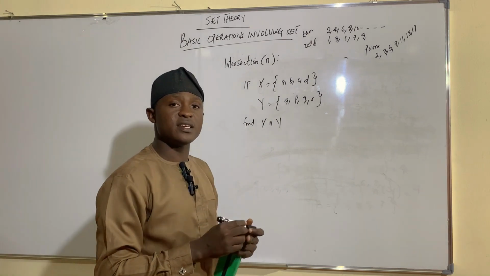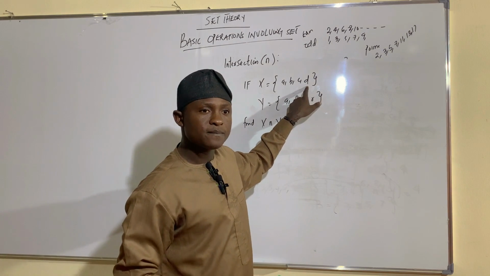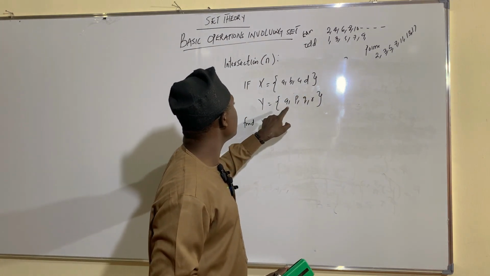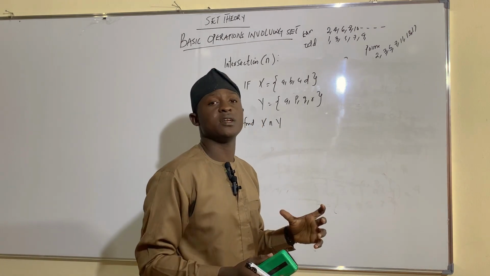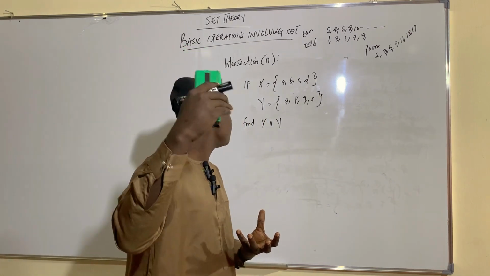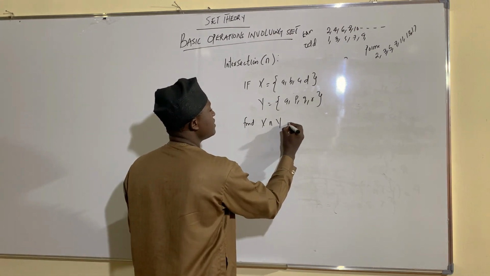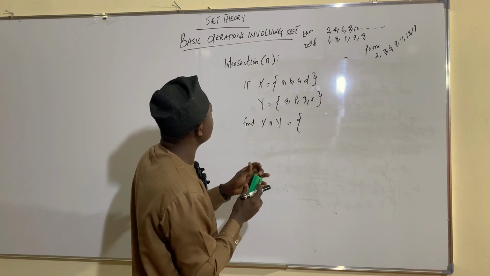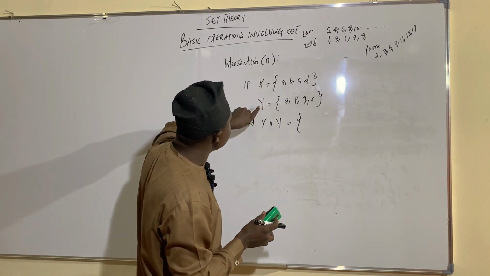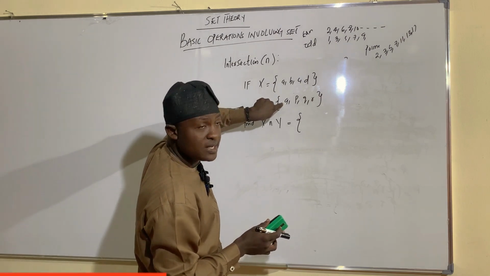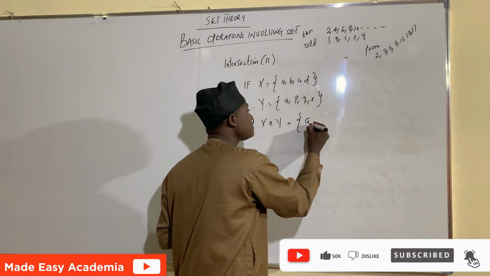Now, if I look at this set, we are given set x to be A, B, C, D. We are given set y to be A, P, Q, and R. So now I want to find their intersection, meaning I want to find what does x and y have in common. So now, if I check set x, we can see we have element A here, right? So if you look at set y also, we also have A. That means both set x and y have A in common. So I can possibly pick A.